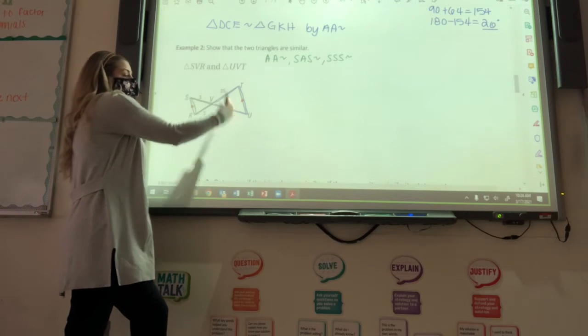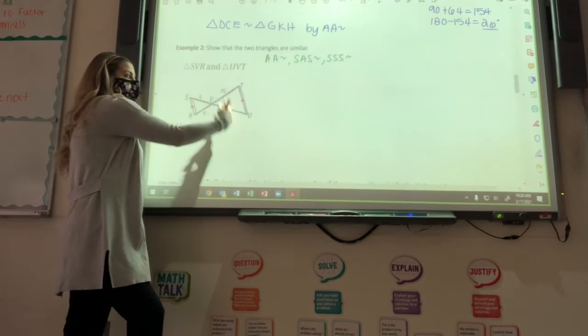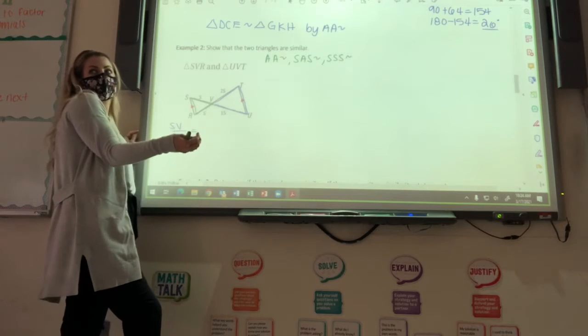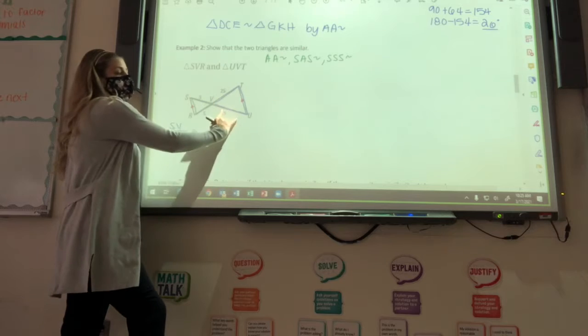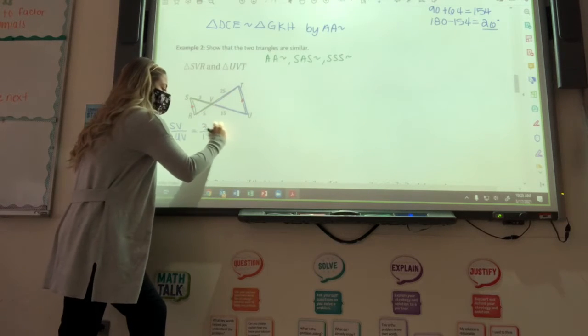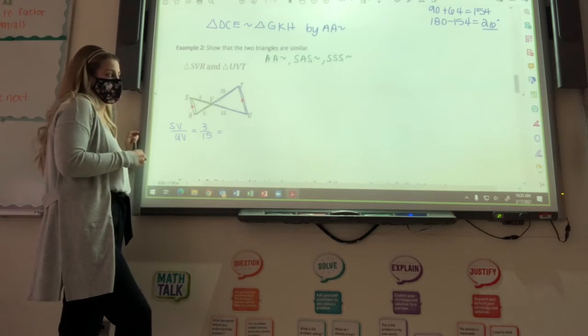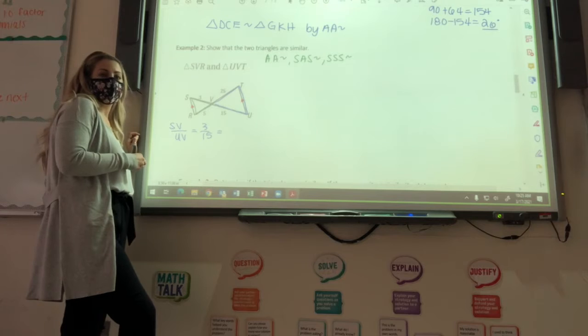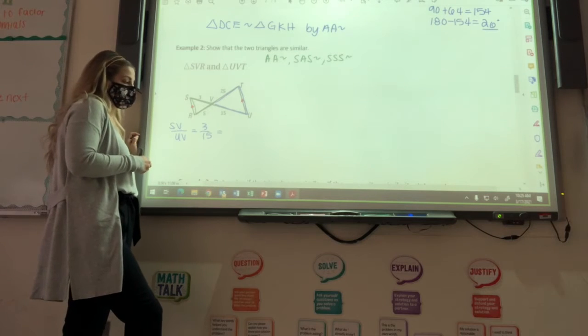Yeah, so in the blue triangle, the smaller side that they're giving us is UV, so smaller side corresponds with smaller side. So it's got to be SV and VU. Okay, so that's 3 over 15, and then we want to reduce that ratio. And then you have to do RV now.